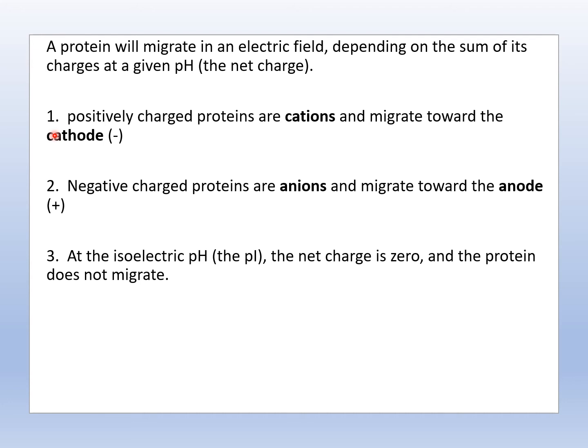And their migration is dependent on their charges, right? If they are positively charged or negatively charged. Those proteins with zero charge, of course, won't be able to migrate. They won't be able to migrate to either the cathode or anode field.